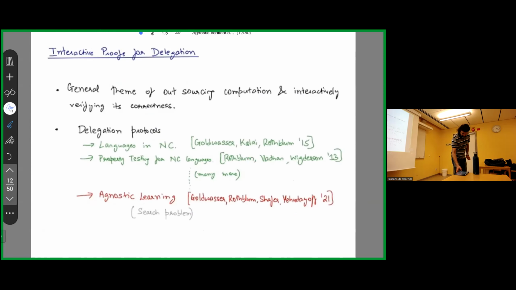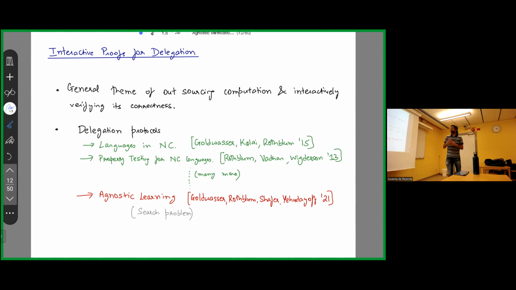Now, interactive proofs have been very widely used for delegation tasks themselves. Delegation is the general theme of outsourcing computation to a prover, and then checking if the results of the computation are correct by interactively placing the burden on the entity which computes this, placing the burden on it to prove that its results are correct, or rather using an interactive proof to verify its correctness.